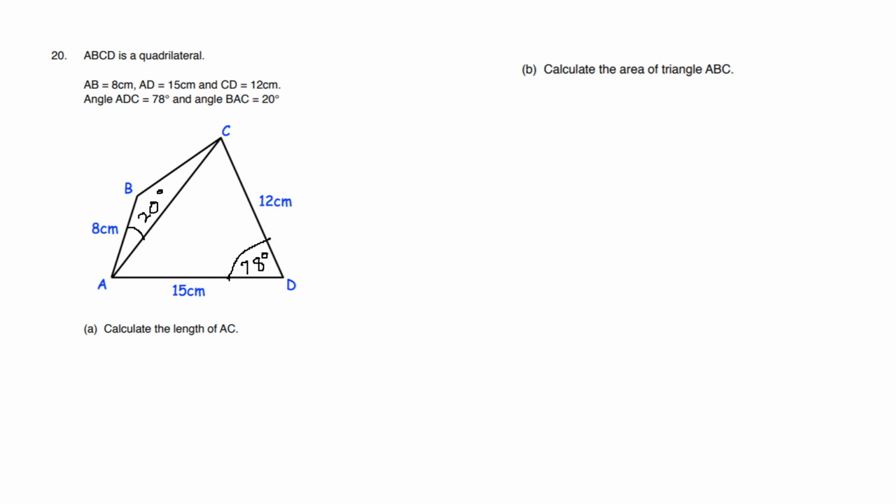So I'm going to use triangle ADC to do it. I've got two sides and an enclosed angle, so I'm going to use the cosine rule. So let's go with AC squared will be equal to 15 squared plus 12 squared minus 2 lots of 15 times 12 times cos 78 degrees.